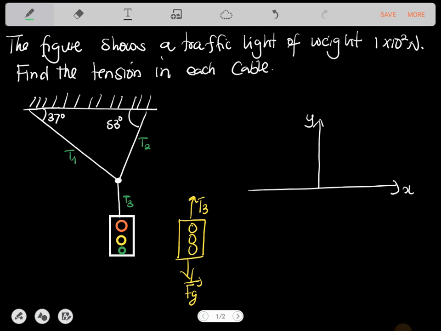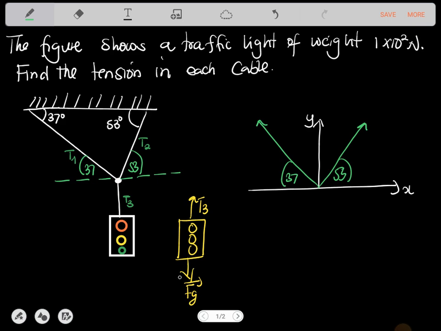So we have this force here. When you draw the X or Y plane, this angle and this angle are the same. So even this one is 53. This angle and this angle are the same. Even this one is 37. So we end up having the same thing here. So we have 53 here and we have 37, sorry.